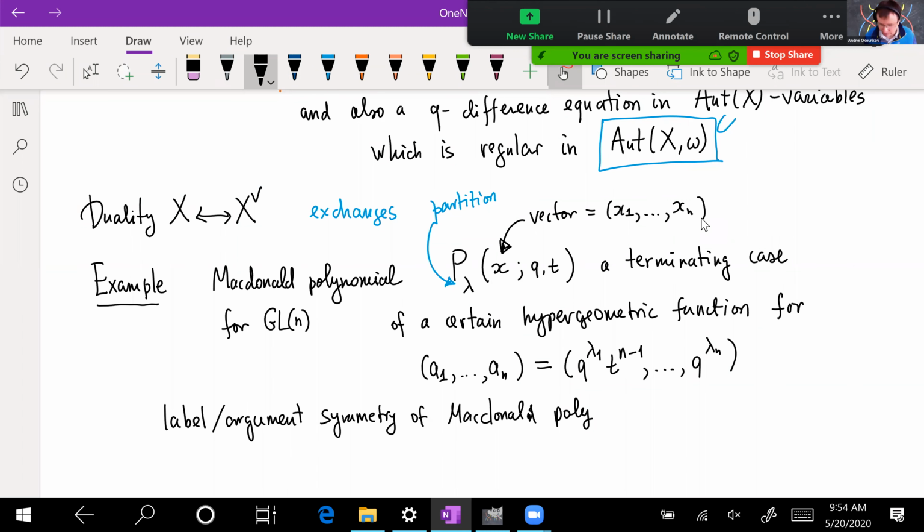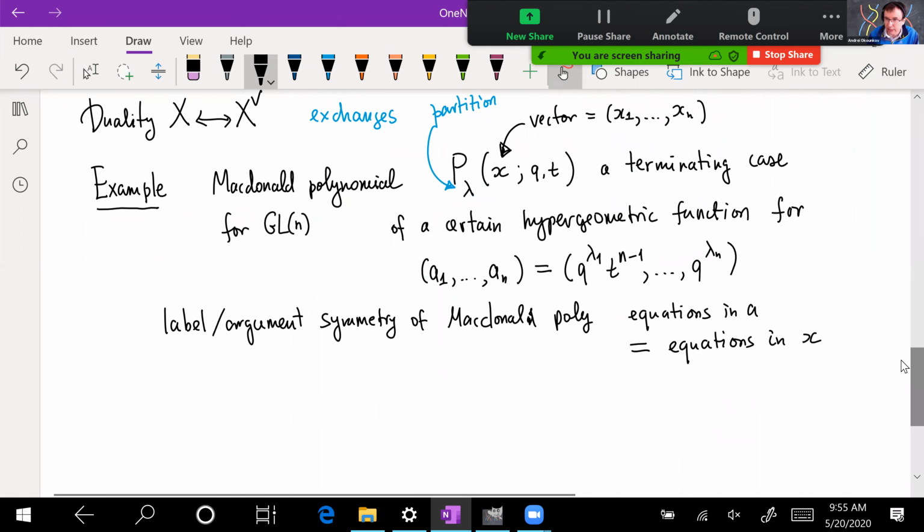So there's a very nice label-argument symmetry for Macdonald polynomials, and it says that it satisfies the equations in A, you have to identify things correctly, but they're the same as the equations in X. And in particular, when you have a terminating case, this means you have a particular rational function solution of the Q-difference equation, which is very special.